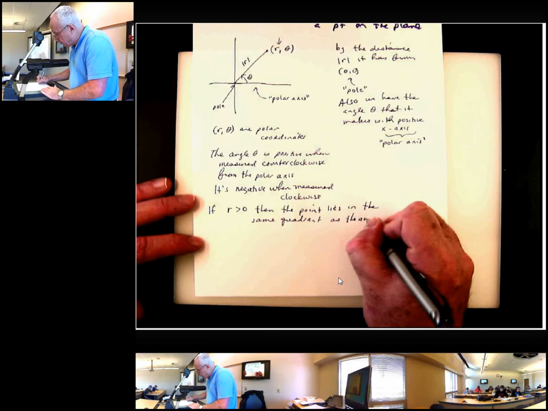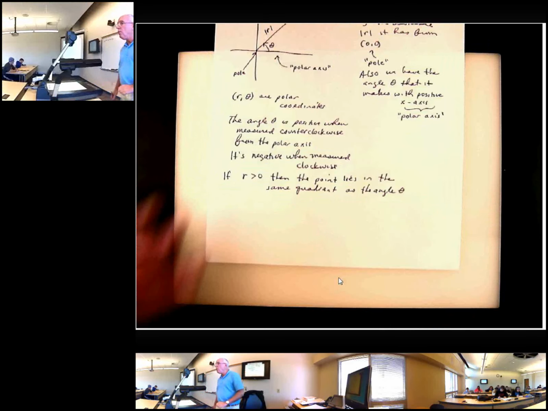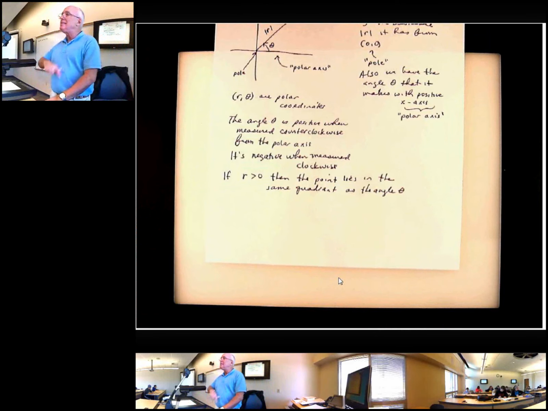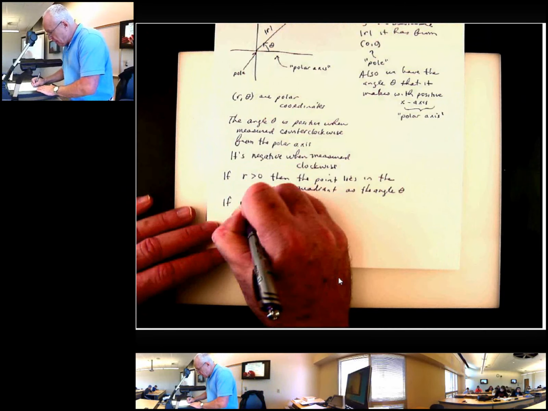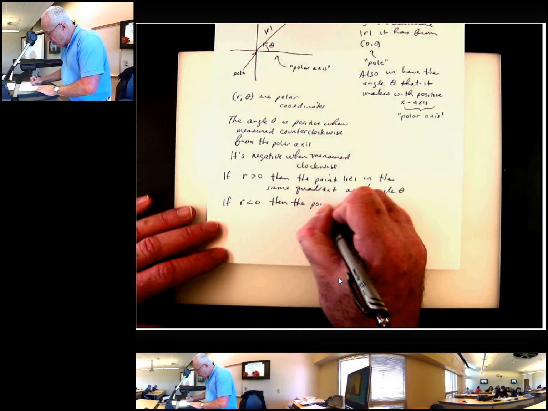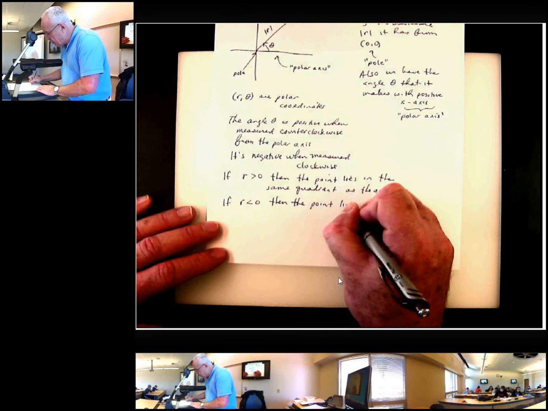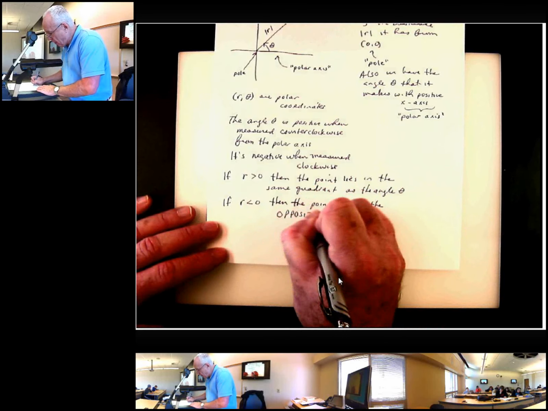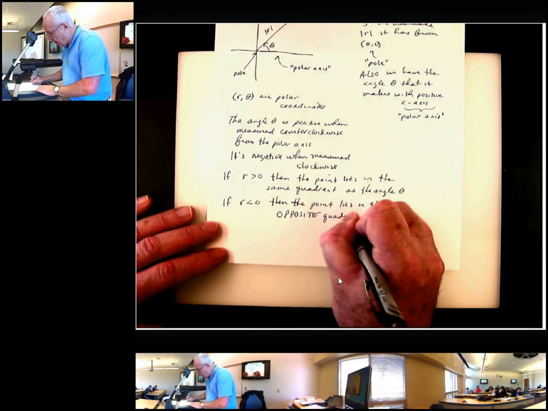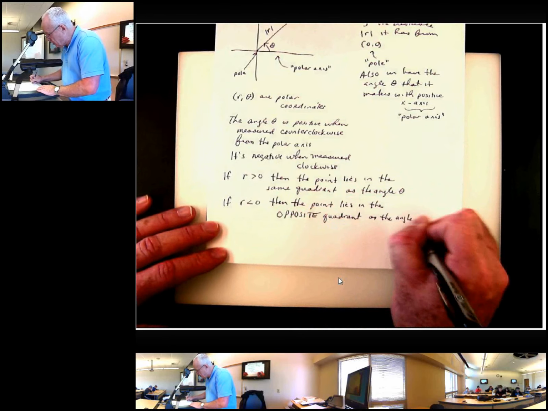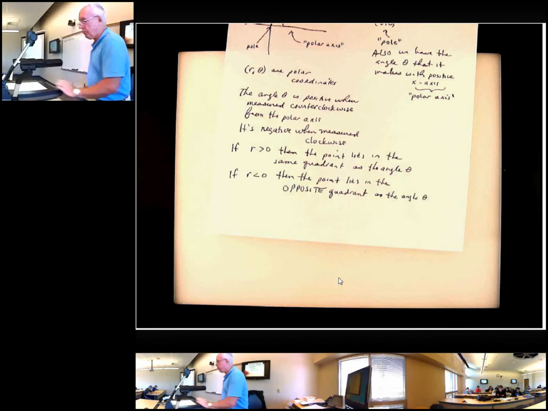However, if r happens to be a negative number, then the point lies in the opposite quadrant from the angle theta.